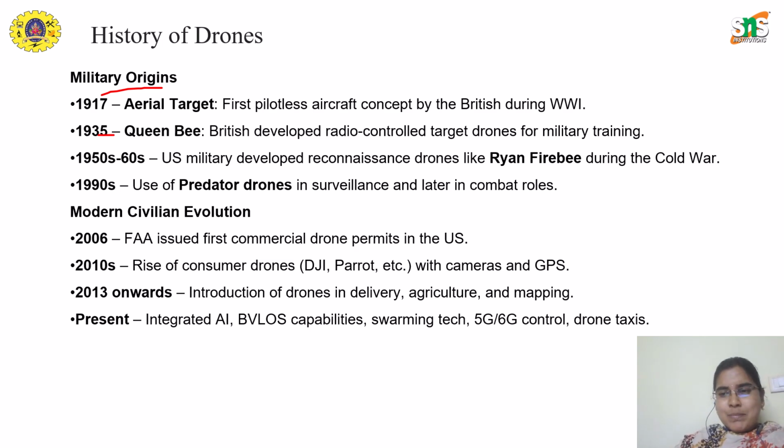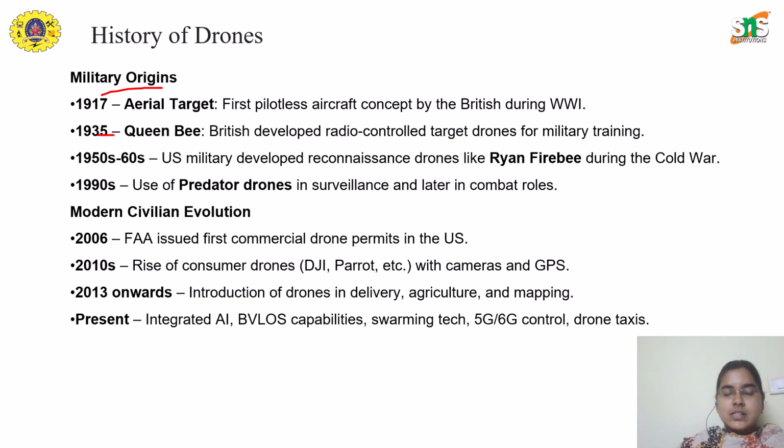So it mainly came for unmanned targets, operated without human help. From the 1950s, the US military developed the Ryan Firebee during the Cold War. And in the 1990s, there was use of Predator drones, especially for surveillance and combat.